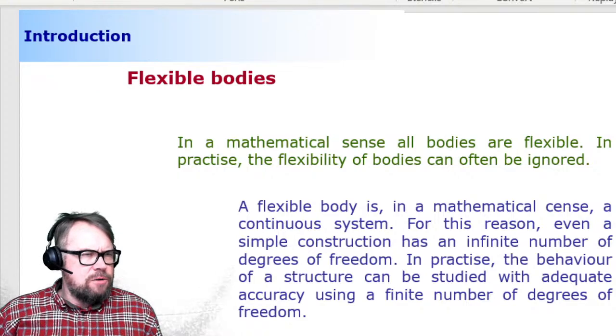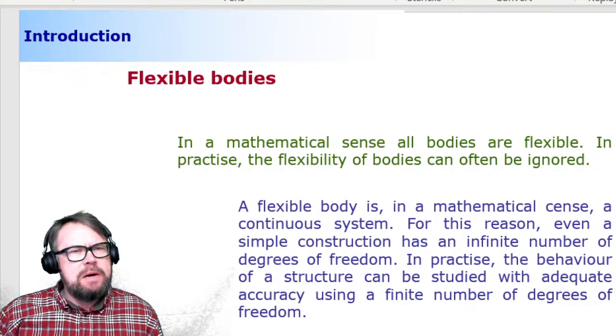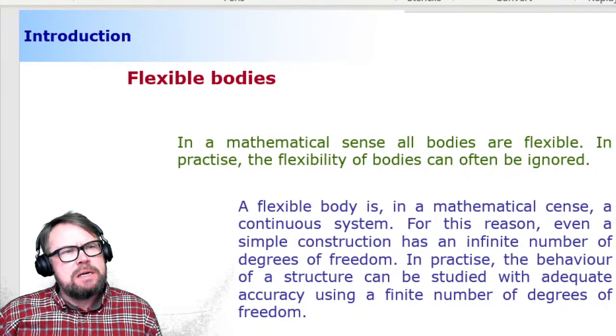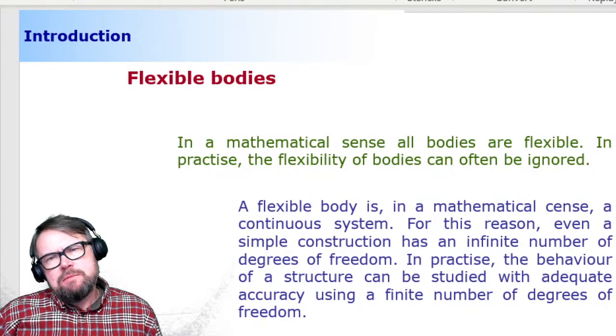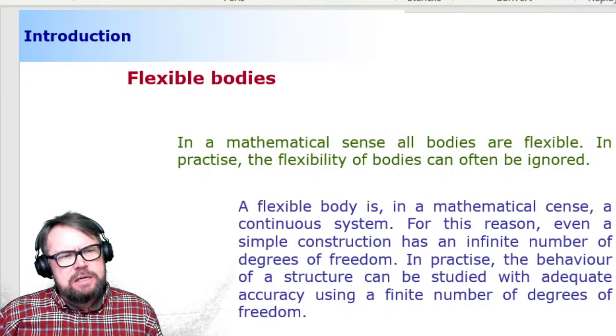So let's get started from the introduction. Let's first make a list of a few important general matters that are good to know before we jump into how to model flexible bodies. First of all, the first obvious question is: why do you want to model flexible bodies?